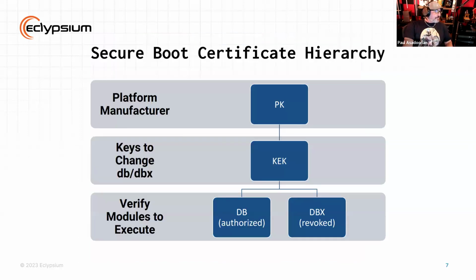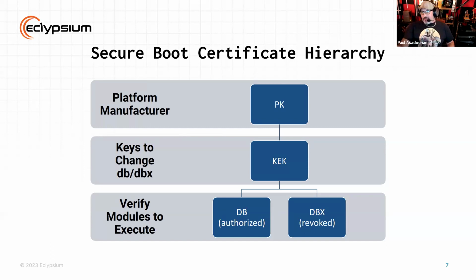So a quick overview, Secure Boot uses a hierarchy of keys and key stores on your system in order to validate the software and/or firmware that's involved from the early stages of UEFI, again, all the way up into the operating system. So typically you'll have the top level hierarchy key, which is the platform key that comes from your platform manufacturer.